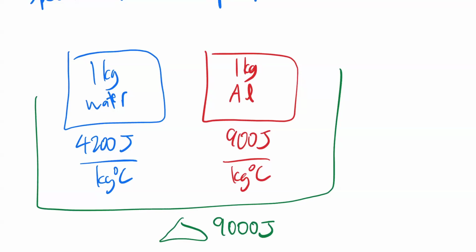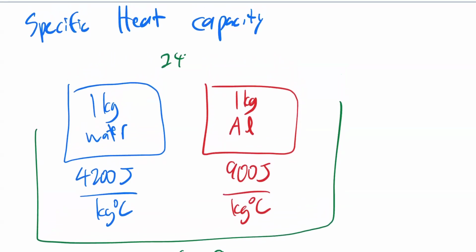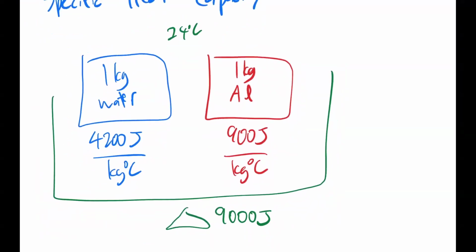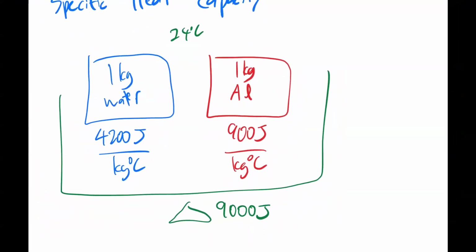Assuming that both of them start off at 24 degrees Celsius, how much would aluminium be at the end of the day, and how much would water be? Water will be 26, aluminium would be 34. Good. Water would end up at somewhere around 26 degrees Celsius, whereas aluminium will be somewhere around 34 degrees Celsius.